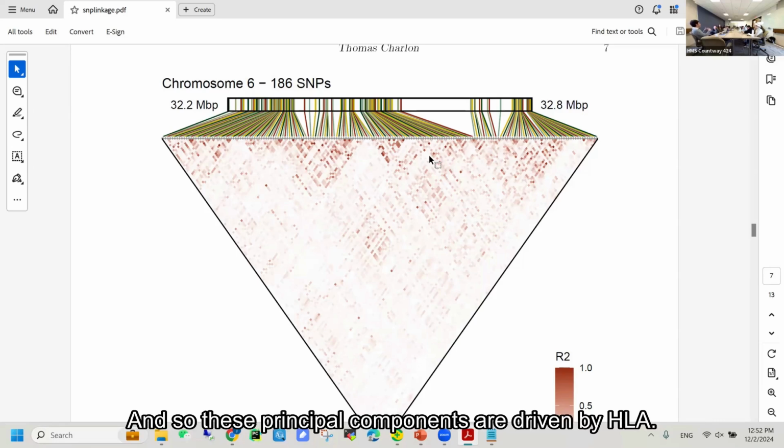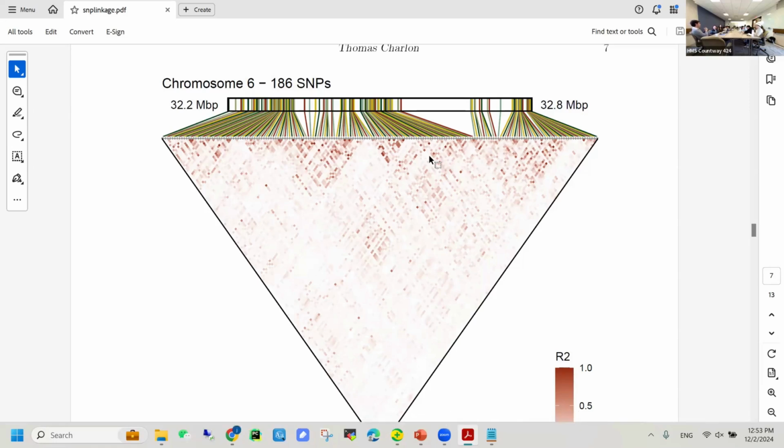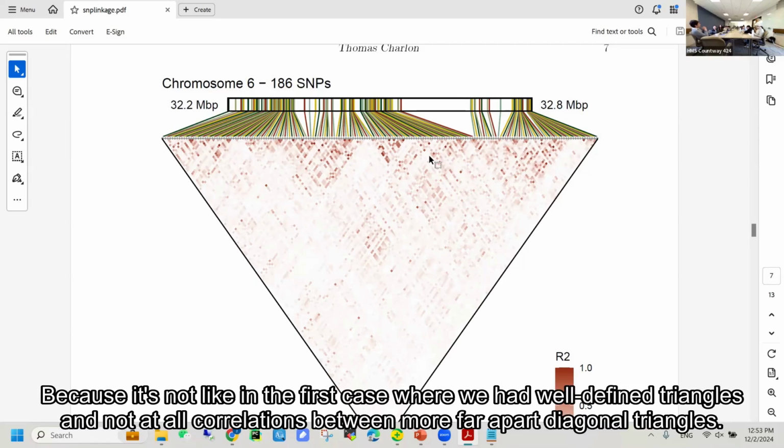And so these principal components are driven by HLA. So HLA is the densest region in SNPs, so most SNPs per length. And what we see here is that we have some strange correlation, because it's not like in the first case where we had well-defined triangles and no correlations between farther apart triangles.